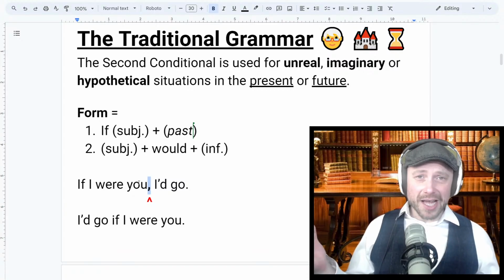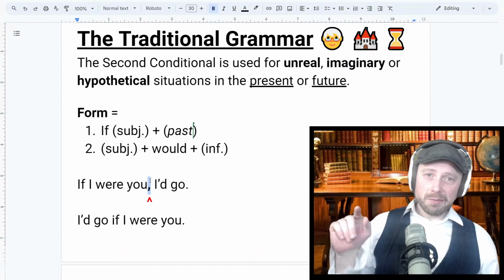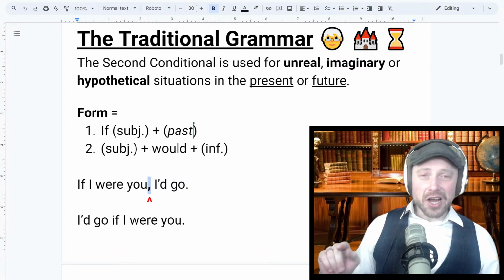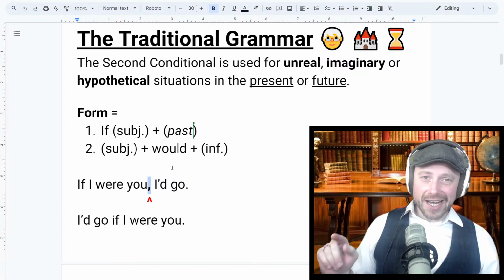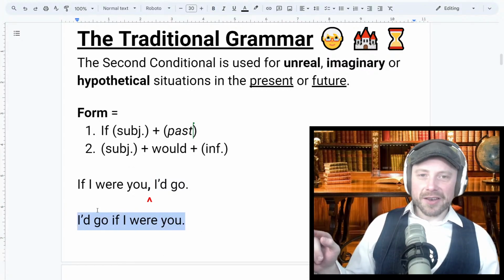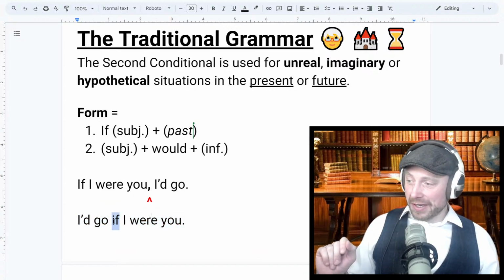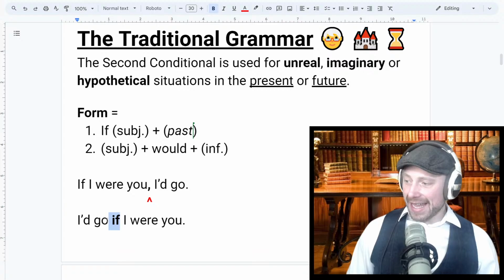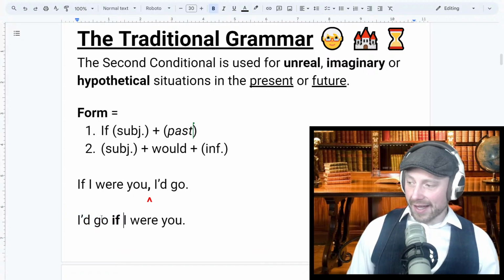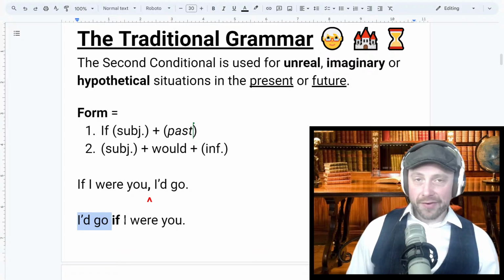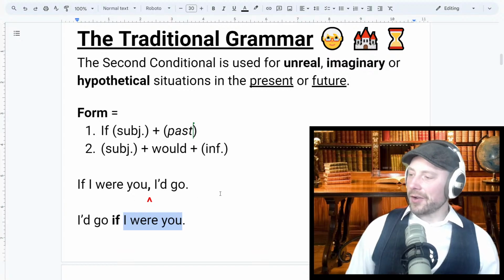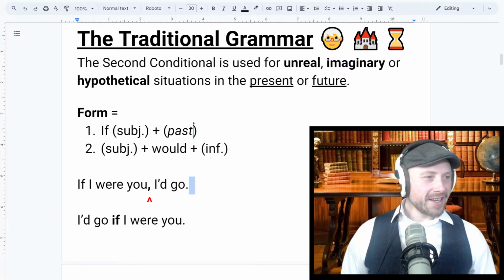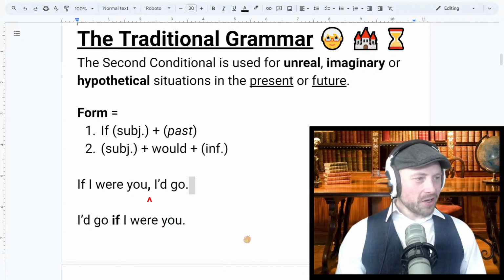I'm a very flexible guy when it comes to punctuation, but with this issue, it's not flexible. You gotta have a comma there. And for the other one, no comma. And that is because if acts like a connecting word. So if acts to connect the clauses like that, I'd go, if connects, I were you, the other clause. So we don't need a comma. All right? So that's our traditional grammar.